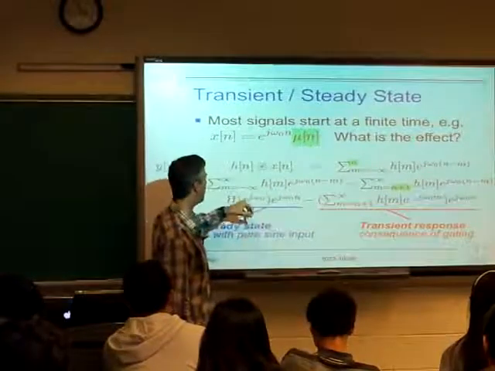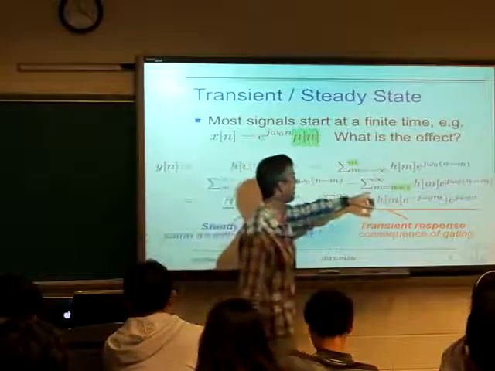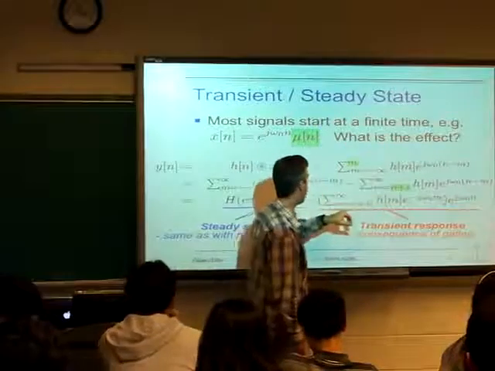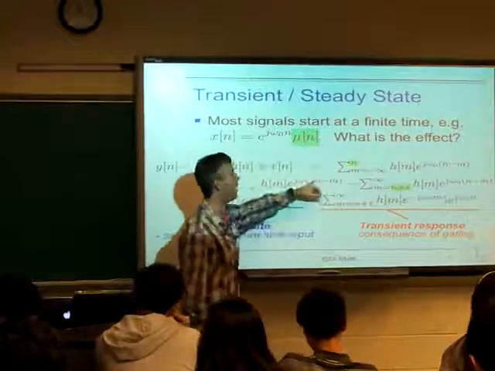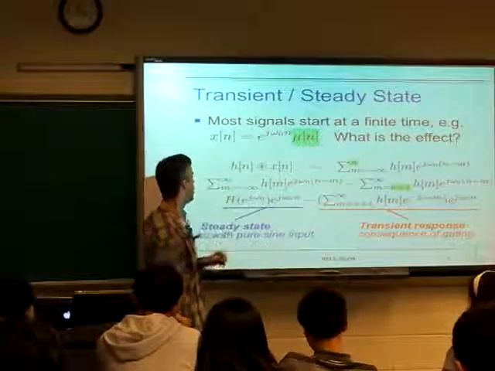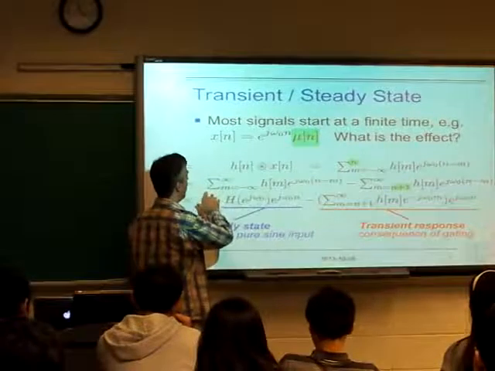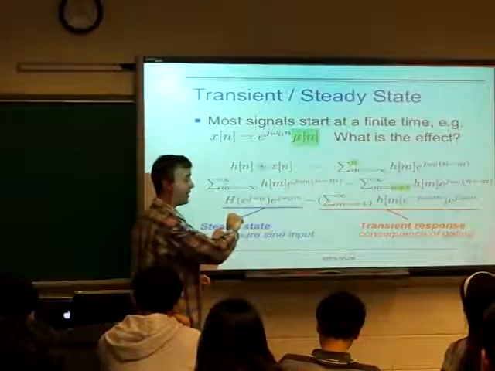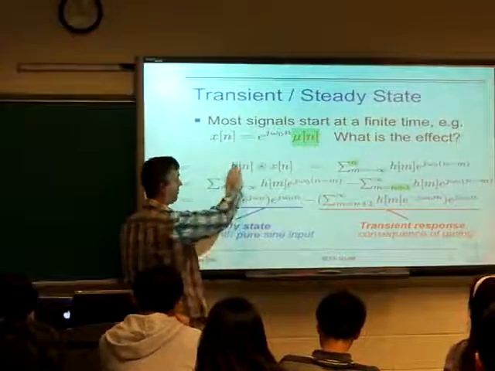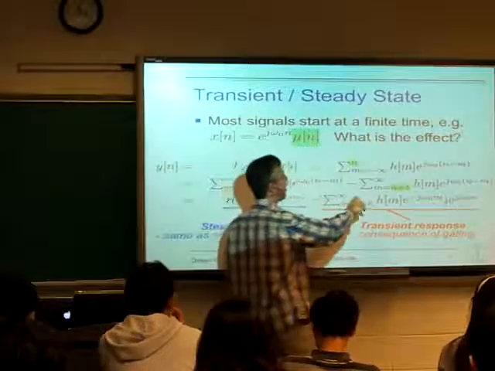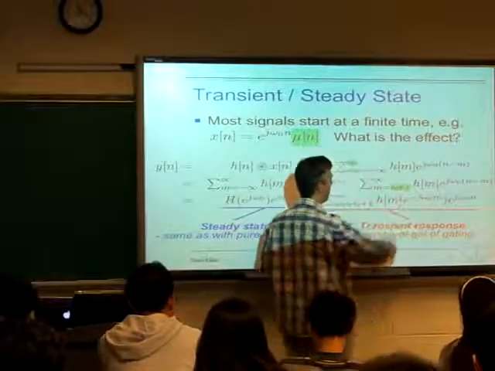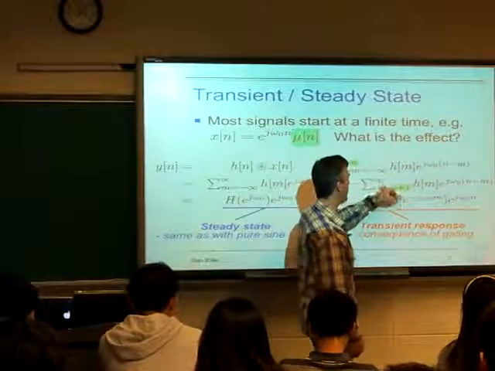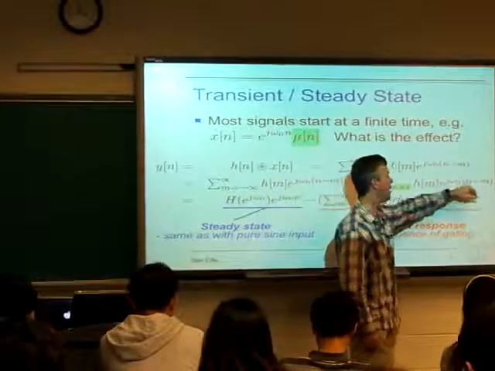So we can say, well, if only we had this set of points from m equal n plus 1 to infinity, then we just have the full-up Fourier transform here. So we can write this in terms of what it would have been if x hadn't been gated, the summation we had without the mu term, minus the bits we had to add on, which is the sum from m equal n plus 1 to infinity, h of m e to the j omega 0 n minus m.